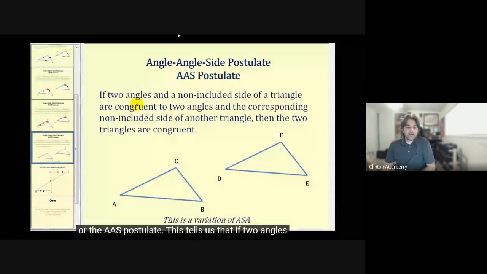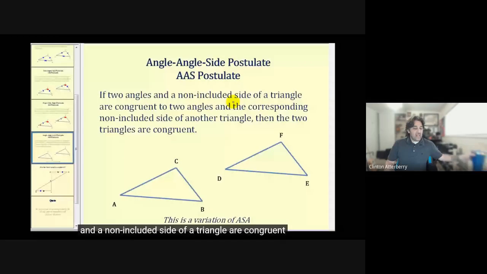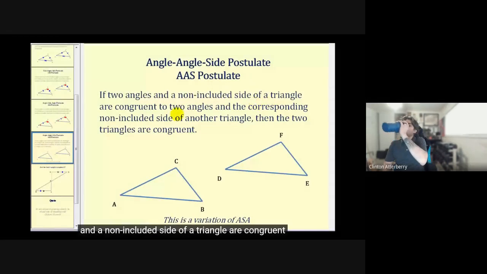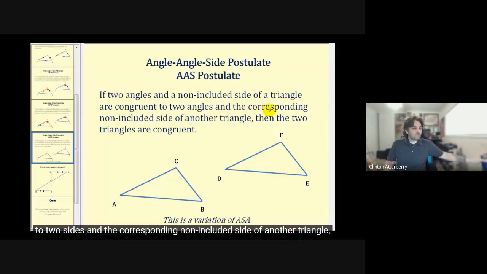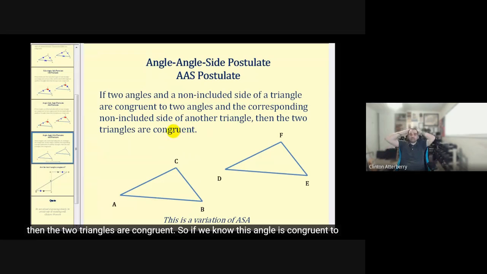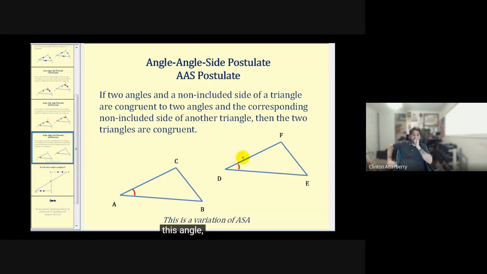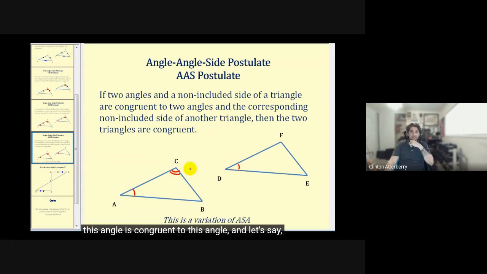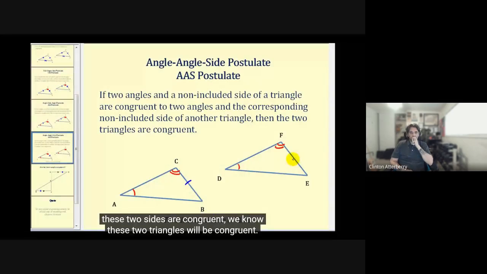This tells us that if two angles and a non-included side of a triangle are congruent to two angles and the corresponding non-included side of another triangle, then the two triangles are congruent. So if we know this angle is congruent to this angle, and this angle to this angle, and let's say these two sides are congruent, we know these triangles will be congruent.